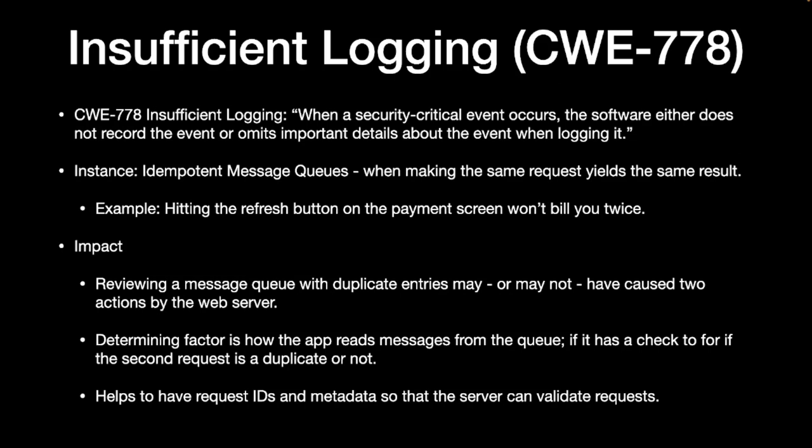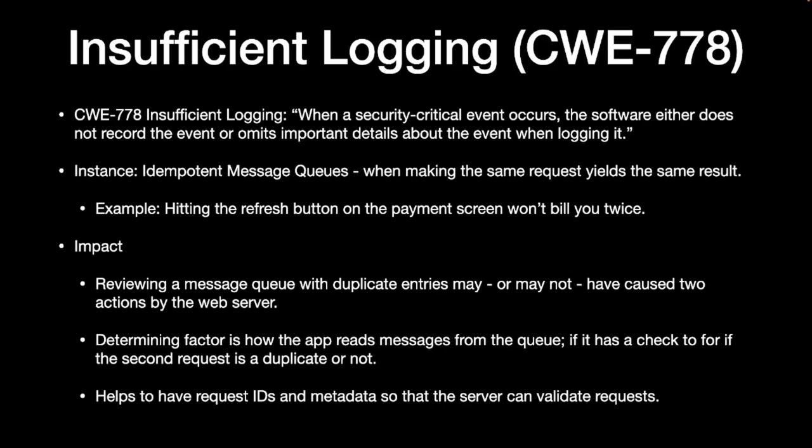Message queues are one really common architecture pattern within applications, where there's a message queue that different parts of the system read. Sometimes if there's some outage or issue, the different parts of the system could read these events multiple times. If that is within the logs, then it's really confusing whether the server acted on these messages multiple times or just once.